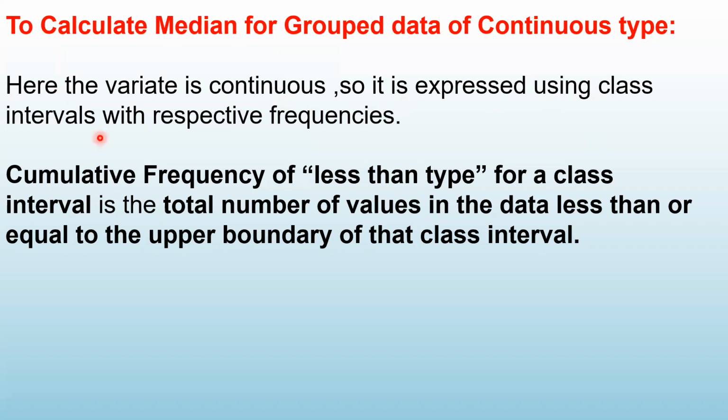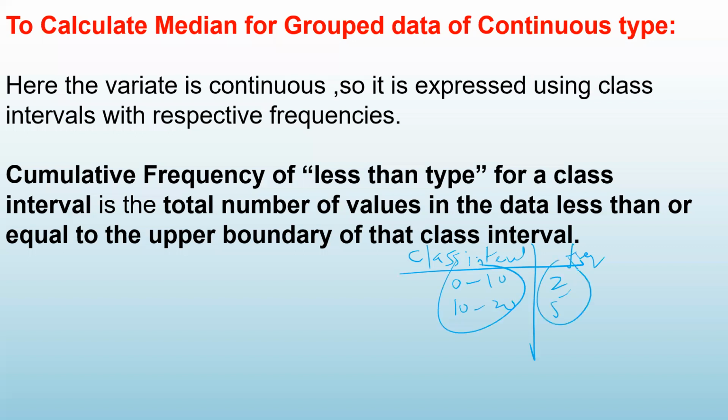That is, whenever in the table, instead of actual values of the variable, a class interval is given, that means, if your table is like this, here you are given the class interval and here its frequency, the class frequency. If your table is like this, with class intervals along with the frequencies, then it is a continuous type of variable. I hope you have understood this.